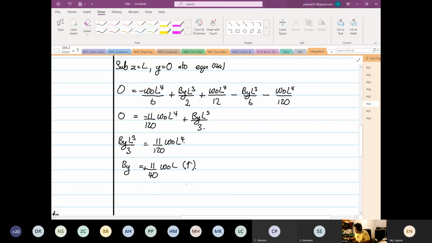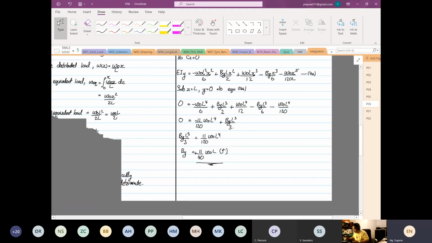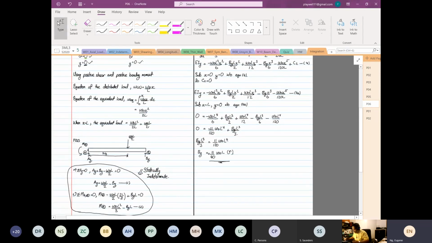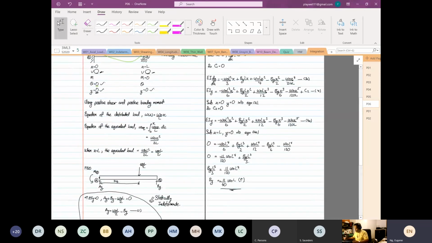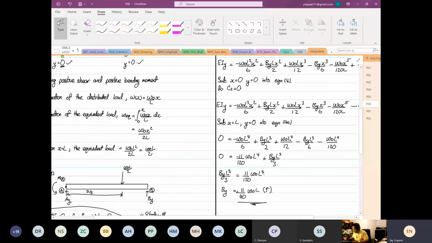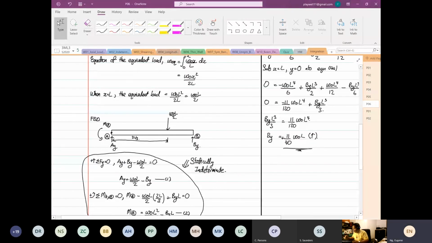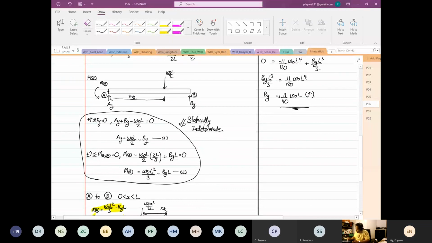So this is the power of this technique, where we use the elastic curve. Now my last question is this: why can't we use the elastic curve or the integration method? Why do I use this? The answer is simple. From here, I can express Ay as a function of By.